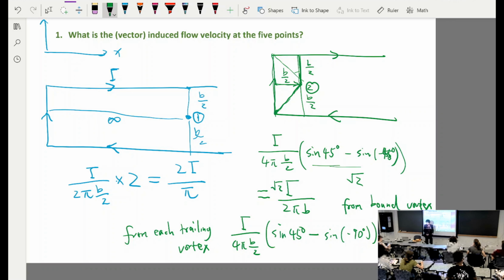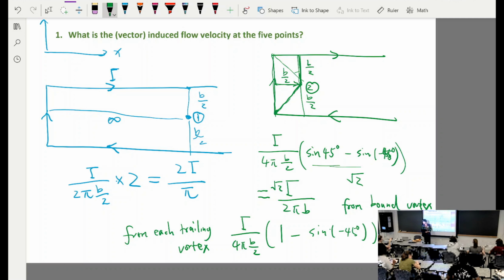So I think instead of writing it this way, I should write it differently. So it should be 1 minus sine of minus 45 degrees, right? That's more consistent to the picture we're drawing here, because the two ends, it's 90 degrees over here, minus 45 degrees over here, right?